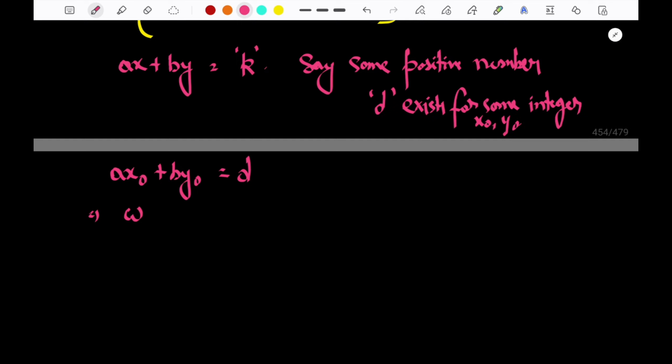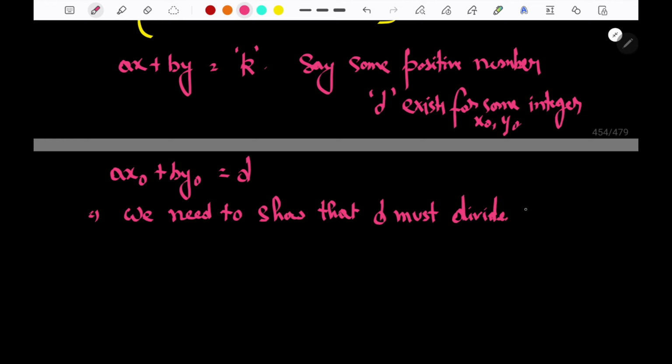What do we need to show? We need to show that d must divide both a and b, and our job is finished.